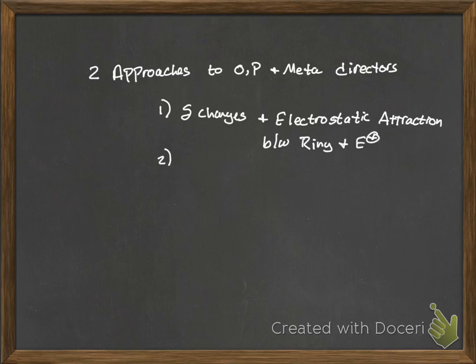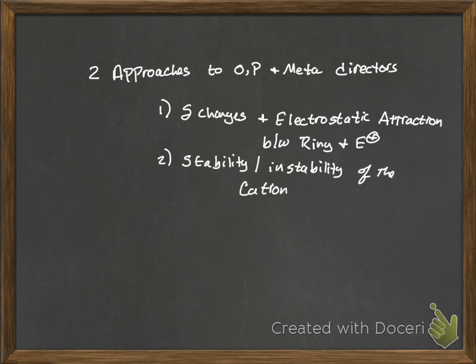And the other theory behind it, and both theories are right. It's not like they're in competition with each other. I just like to teach it both ways. The other theory deals with stability or instability of the cation formed during resonance.